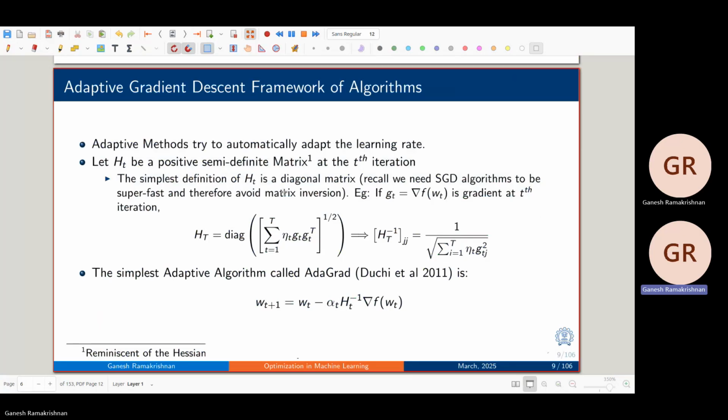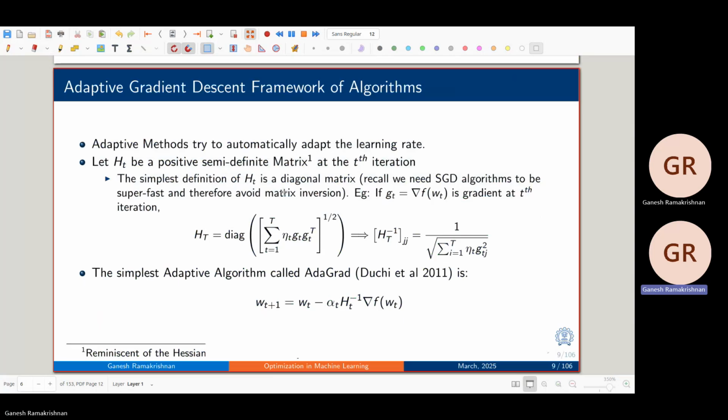So what does the diagonal really represent? Yeah, so the summation of the norm square of all the gradients is what the diagonal will represent. And you notice that there is an eta_t sitting inside as well. Since it's a summation of norm squares, I'm also taking a square root there.